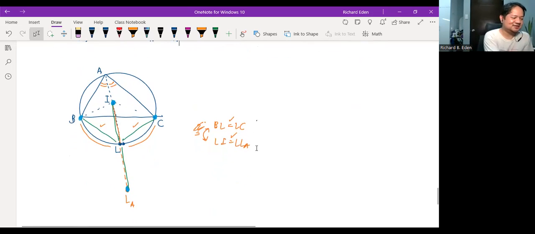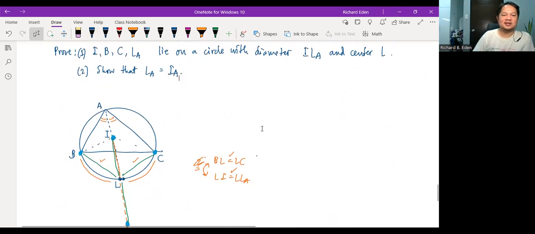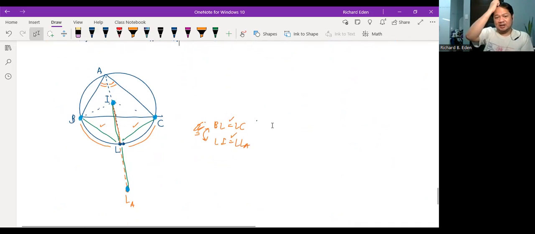Funny spoiler alert. It appeared like I just made a mistake, but actually it was really L sub A, which looks rather similar to I sub A. So how can we show that L sub A is the excenter? I'm going to let you figure it out after homothety.